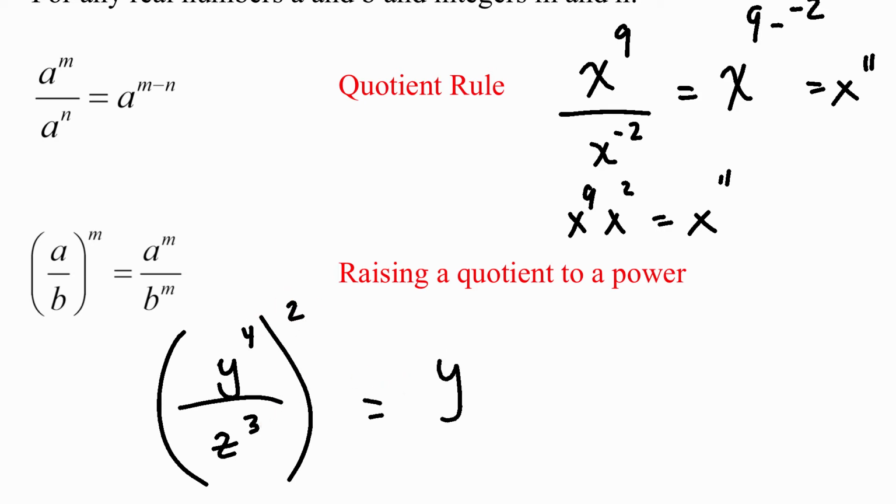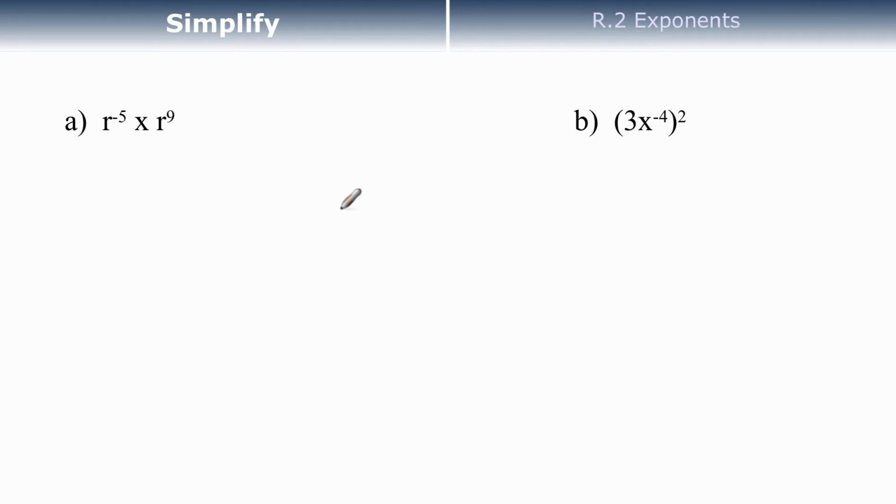So it'd be y to the 4 times 2 is 8 over z to the 3 times 2 is 6. Notice I'm thinking that, hey, maybe I can combine these, but they're different letters. One's a y, one's a z. I can't use the quotient rule up here just to subtract their exponents because the bases have to be the same. Here's a couple you could try.